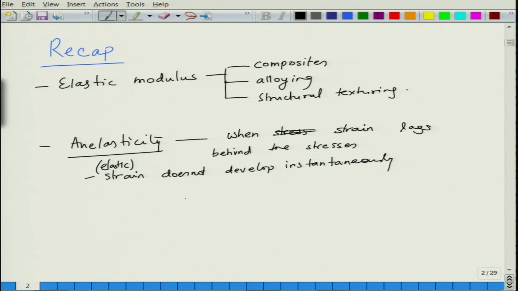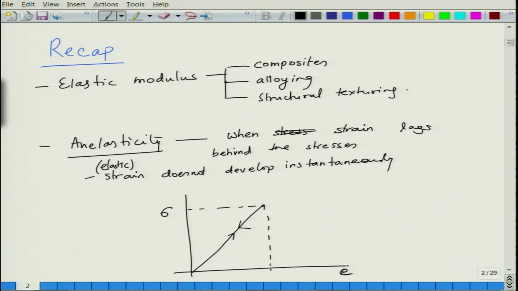So, essentially in an ideal situation, you have sigma and epsilon. When you go on this route, you come back on the same route. We call this isothermal strain or stress.